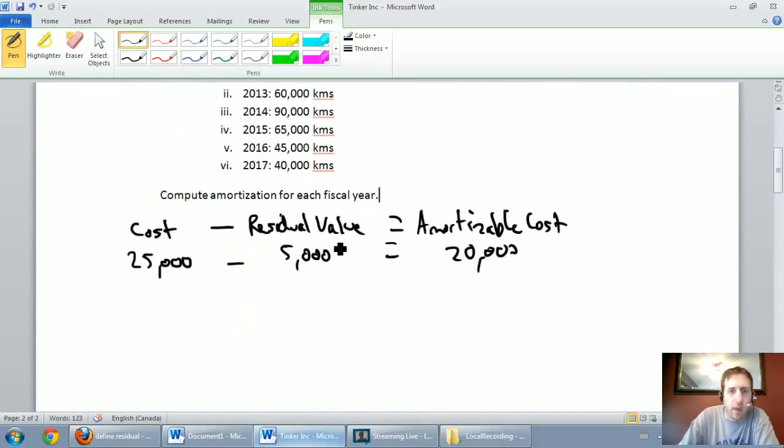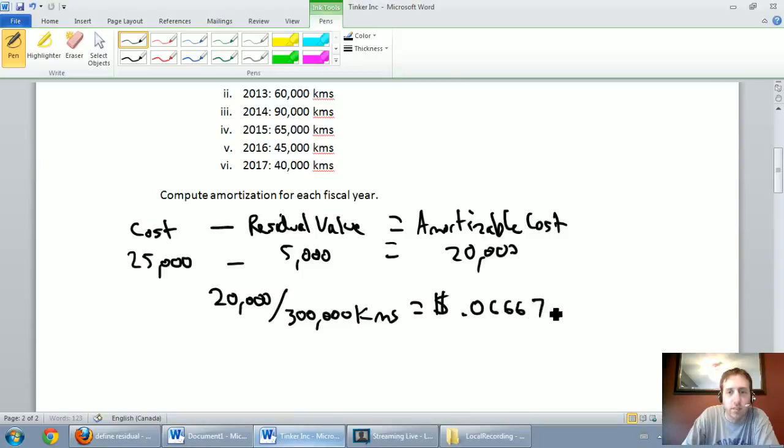So let's do some math. It's a $20,000 asset. Its expected life is 300,000 kilometers, meaning that its amortization charge is going to be 0.06667, basically 6 to 7 cents, almost 7 cents per kilometer.